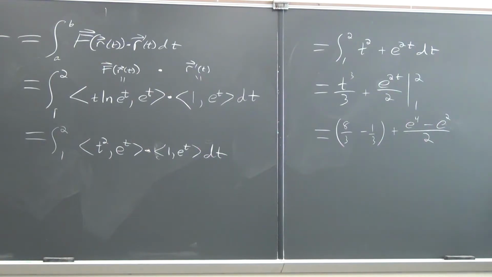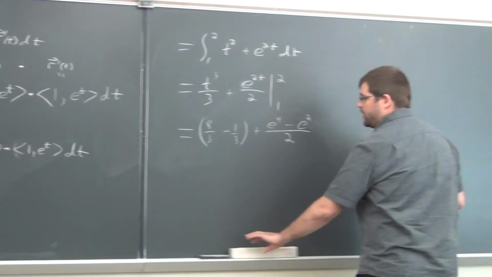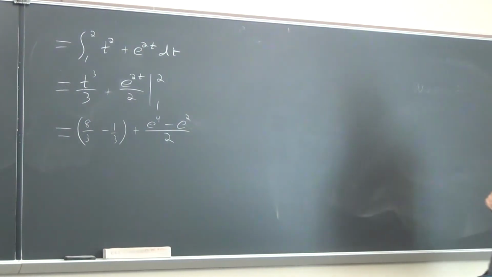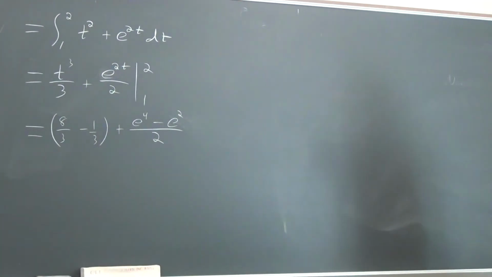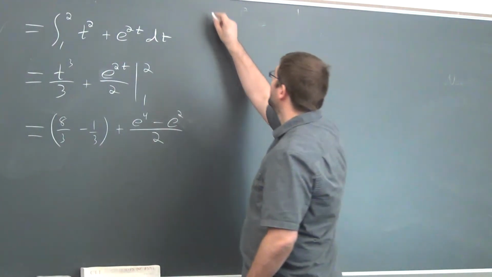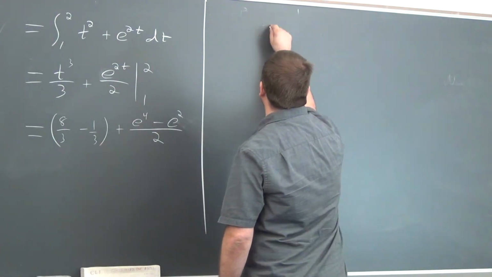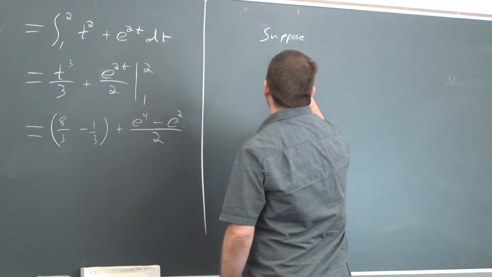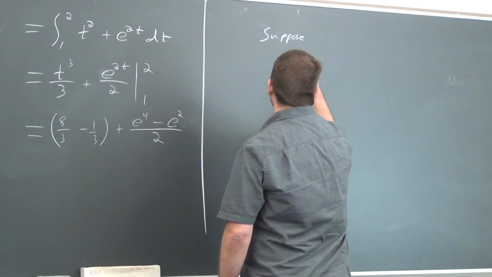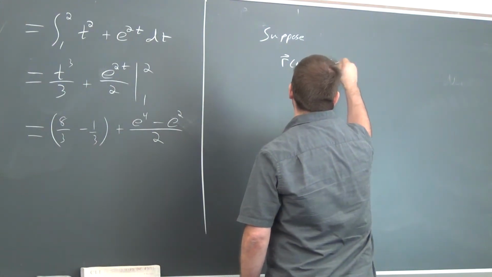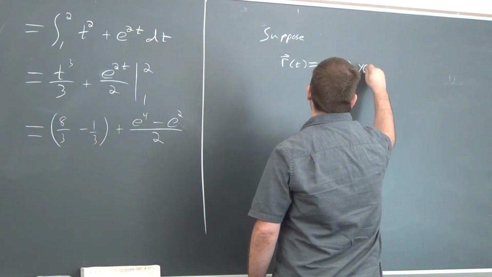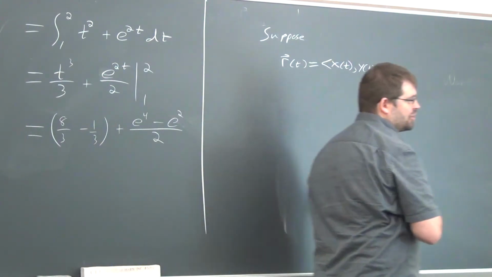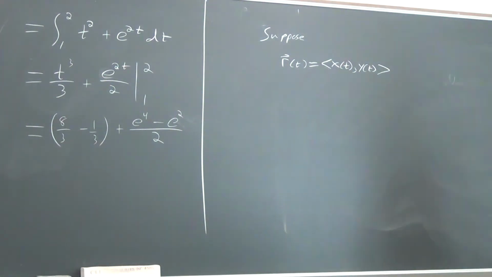All right, so like I was saying before, most of the time you're going to see line integrals written with just a function of x and y, dotted with dr. So let's suppose we have this set up. Suppose your r of t looks like x of t, y of t. Everything I'm doing here in 2 dimensions, you can extend to 3 dimensions.